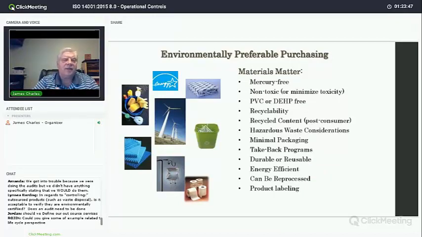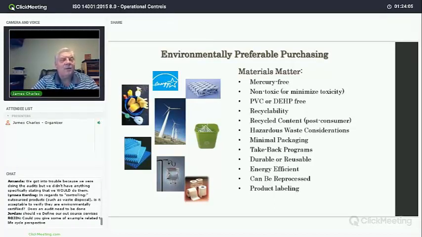So again, take a look at your packaging, mercury-free initiatives. We don't want any hexavalent chrome in our paints. All of these can be different types of controls or requirements that we have for our purchasing vendors.